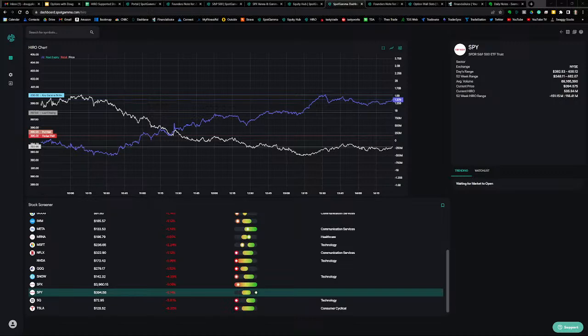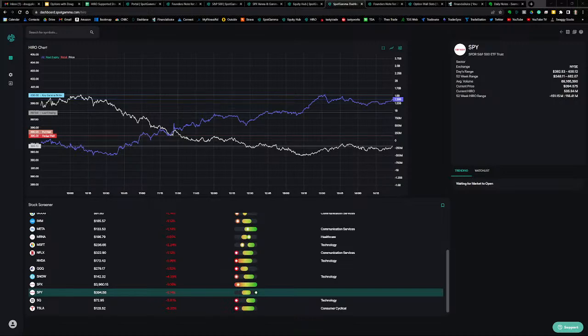So SPY, the implied volatility is definitely on the lower end of the range, and that is one reason that I would certainly favor buying options in SPY. But I think if you're trading 0 DTE, it doesn't matter that much.